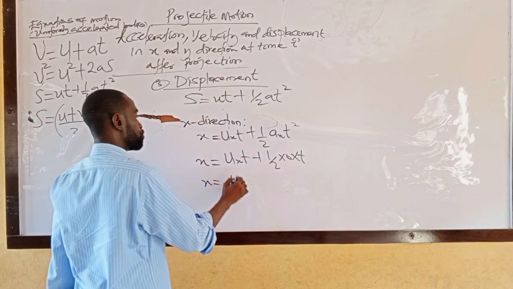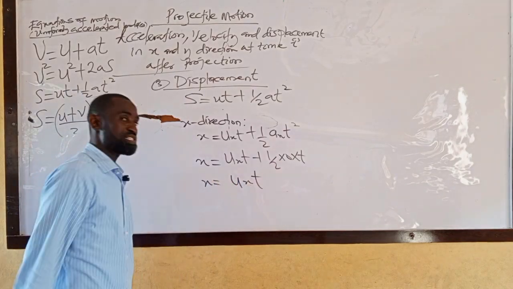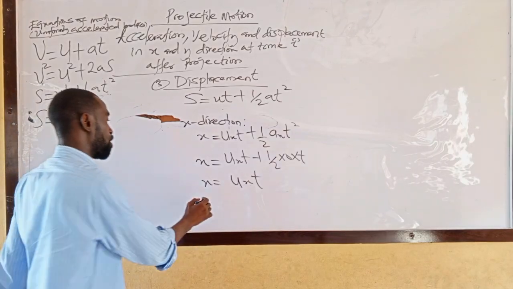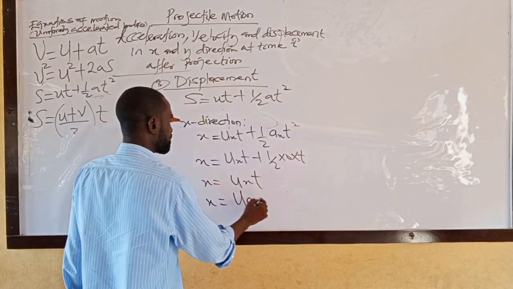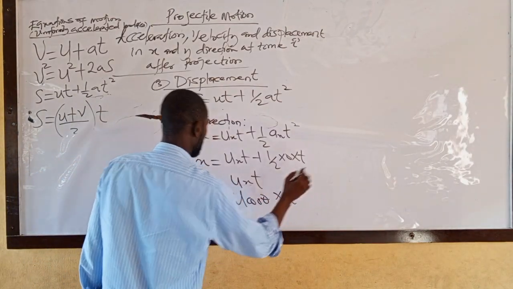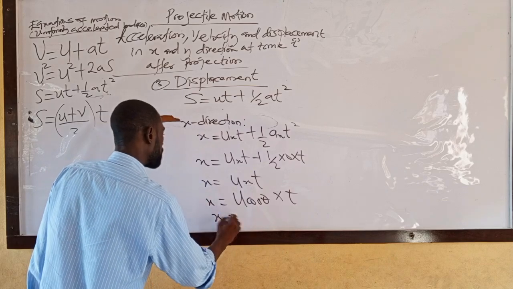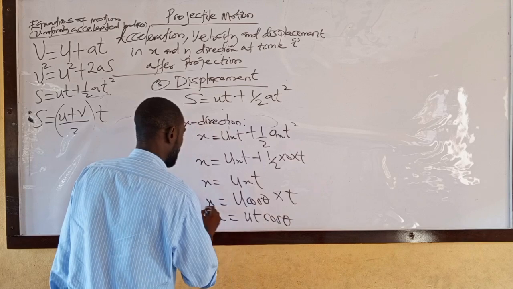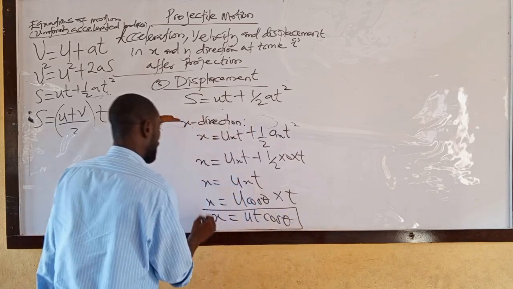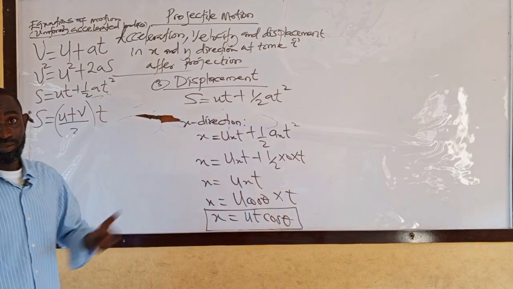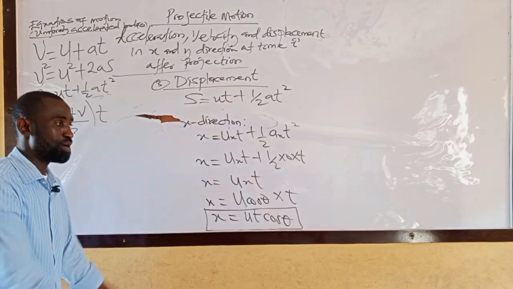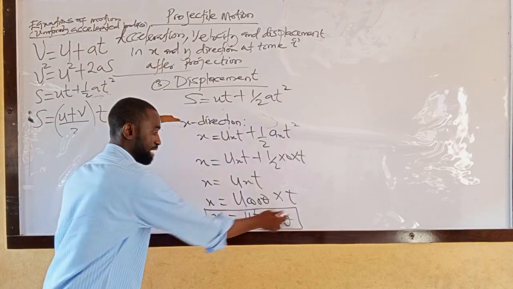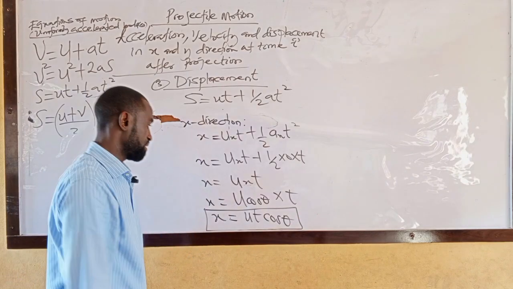So this is our x, the displacement in the x direction after time t of projection. It equals uxt. And recall, our ux is u cos theta. So x equals ut cos theta. I'm just putting them in brackets, then you put in the numbers into the formula.